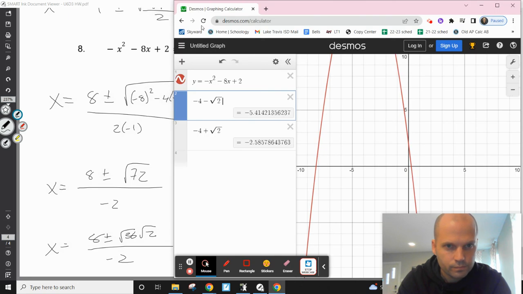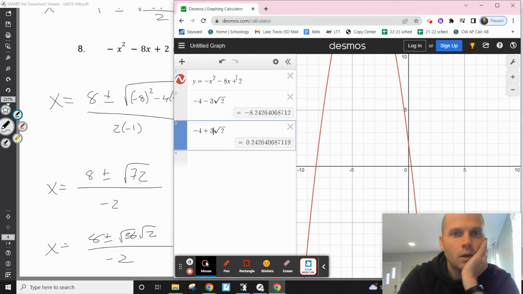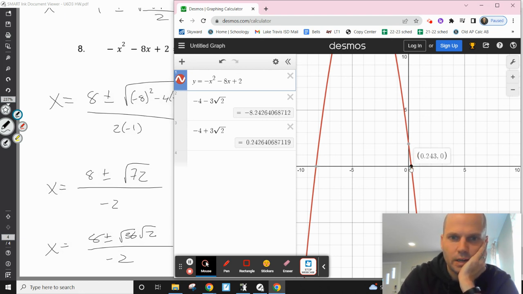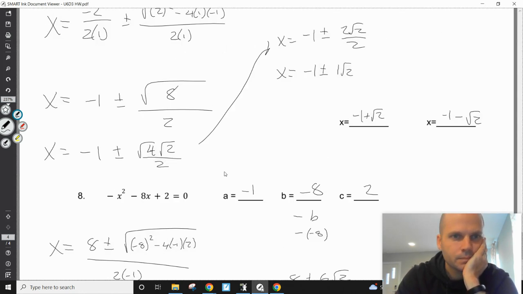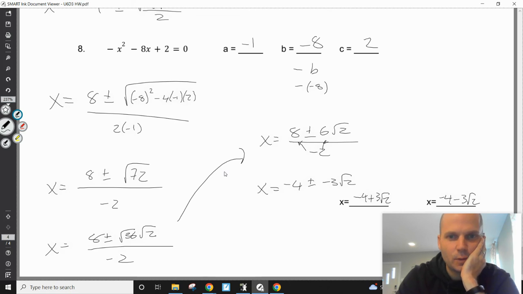Three root 2. Negative 4 minus 3 root 2, negative 4 plus 3 root 2. There's my equation, 0.242 right there. Bam. Negative 8.242 right there. Boom. Okay. All right, so that's the quadratic formula.